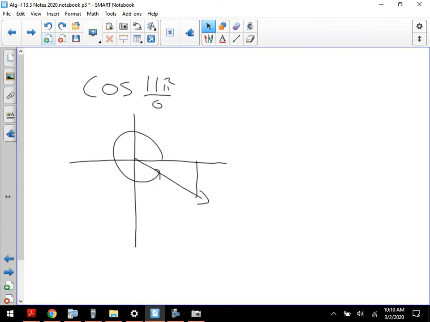That gives me a reference angle of pi over 6. You okay with that? So pi over 6 is a 30-degree angle. What's always opposite a 30-degree angle? 1. What's always next to a 30-degree angle? The root 3. Hypotenuse is always 2. The opposite here just happens to be negative because it has to move down, because the y value there is negative.